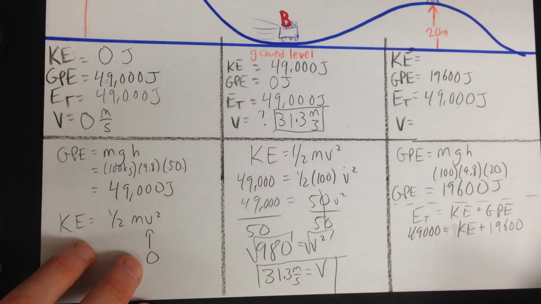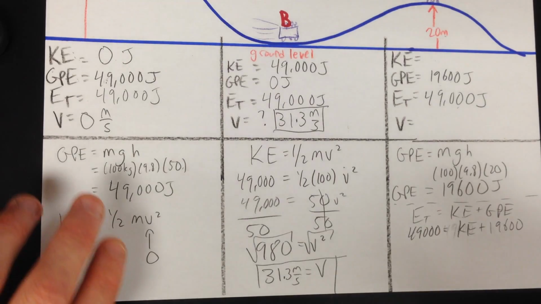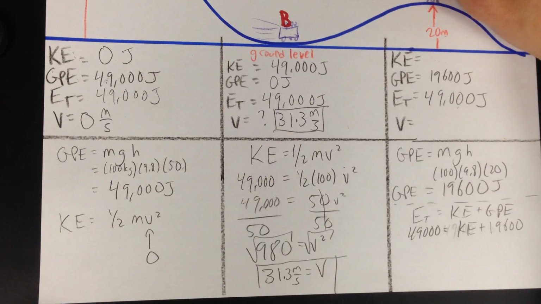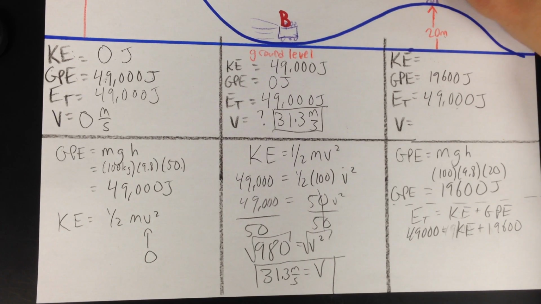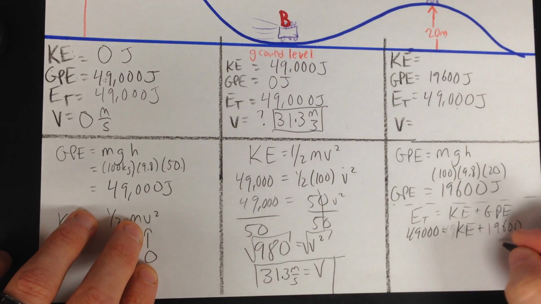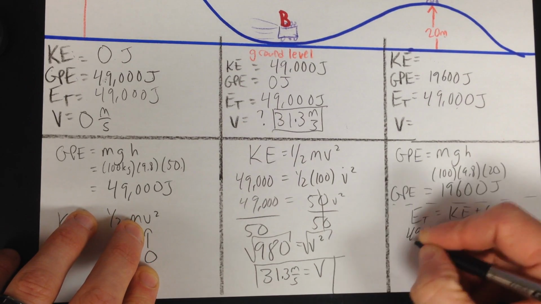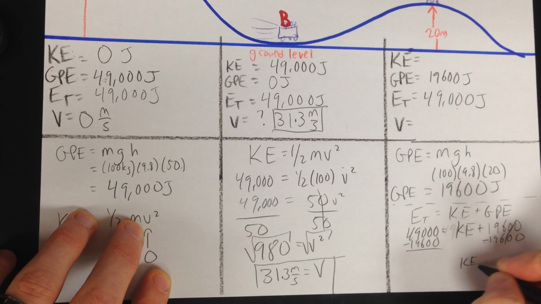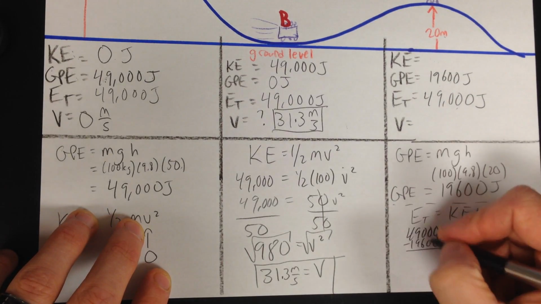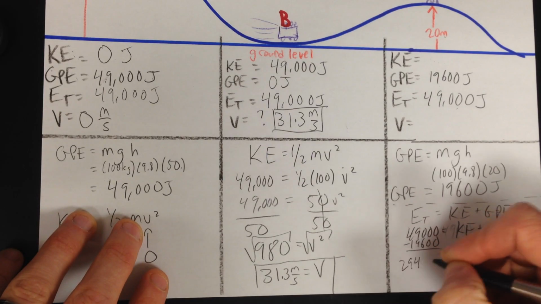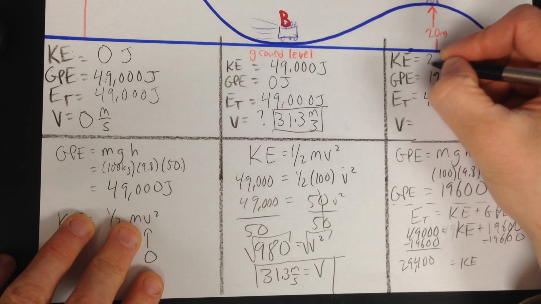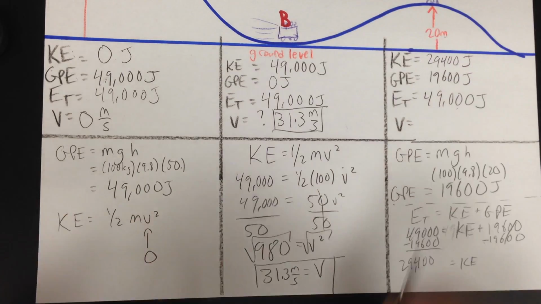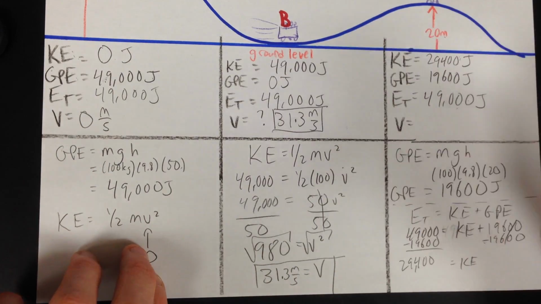So what's our KE equal to? Well, if you take the 49,000 and subtract 19,600, you get your KE, which is equal to the difference of those two numbers, 29,400. So those two just need to add up to make total energy.